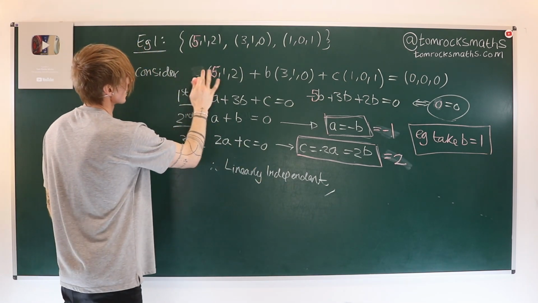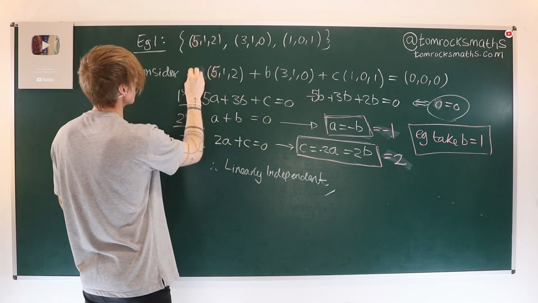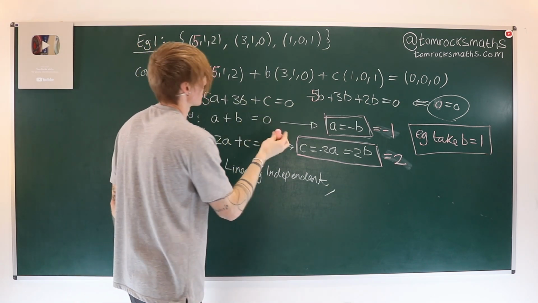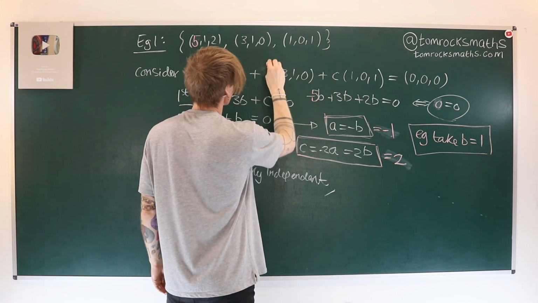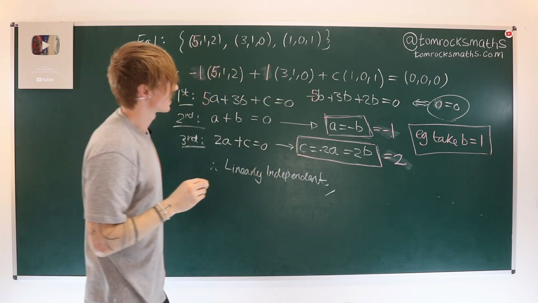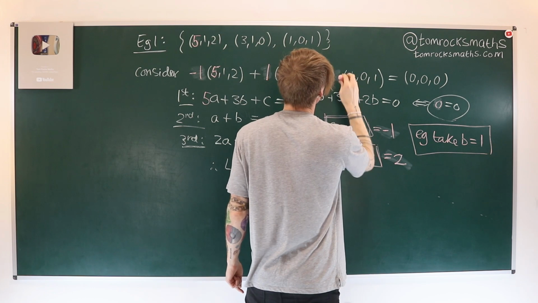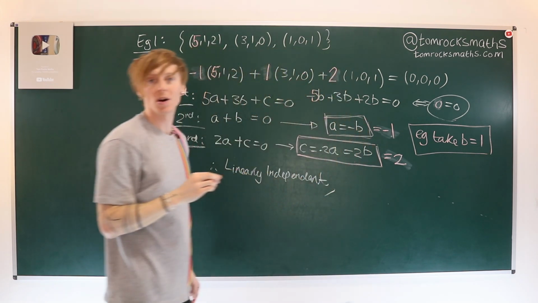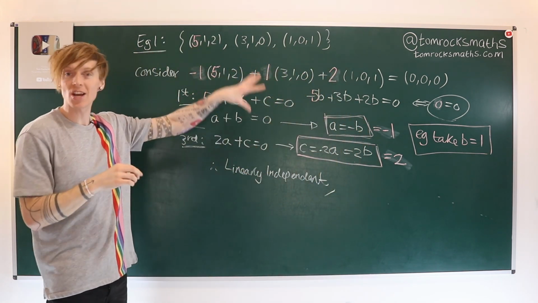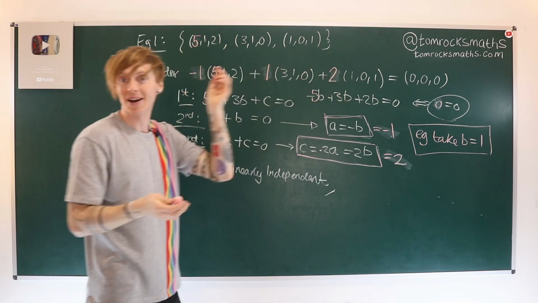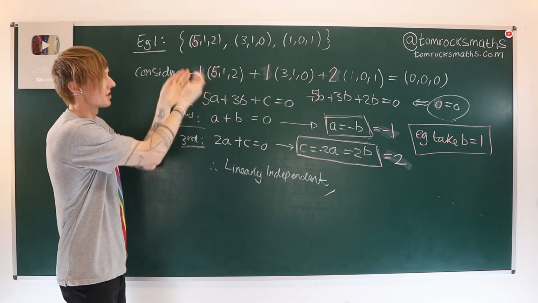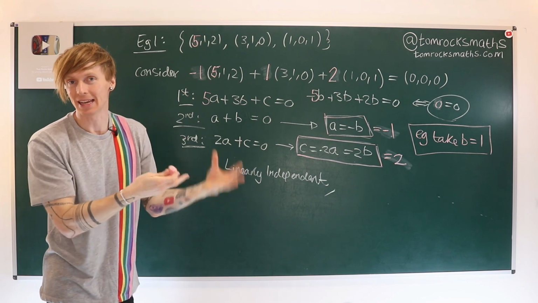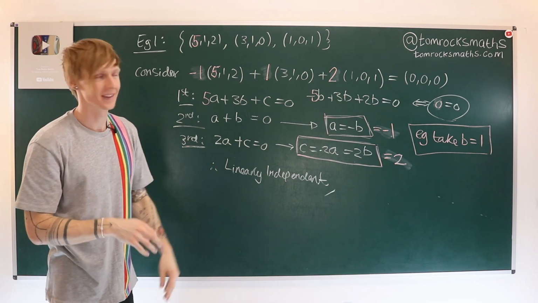So if I substitute in, a we've got as minus 1, I've said b was equal to 1, and then I've said c is equal to 2. Now let's check that this works. Our equations here suggest this should be a valid solution, and therefore we have a non-zero solution, i.e. linear dependence.